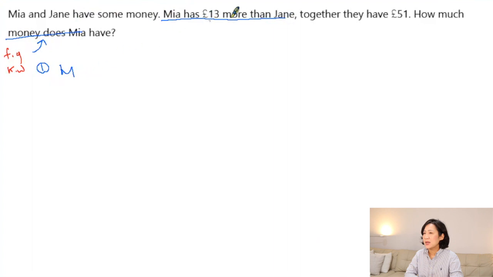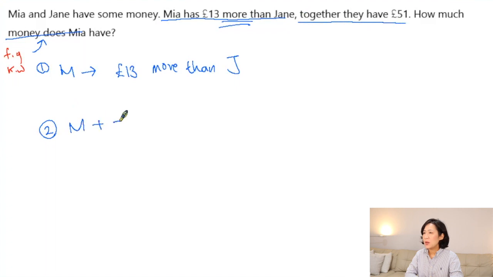More than means adding. So Mia's money is £13 more than J. Let's put Jane as J. Then our second keyword is together. So Mia plus Jane makes £51.